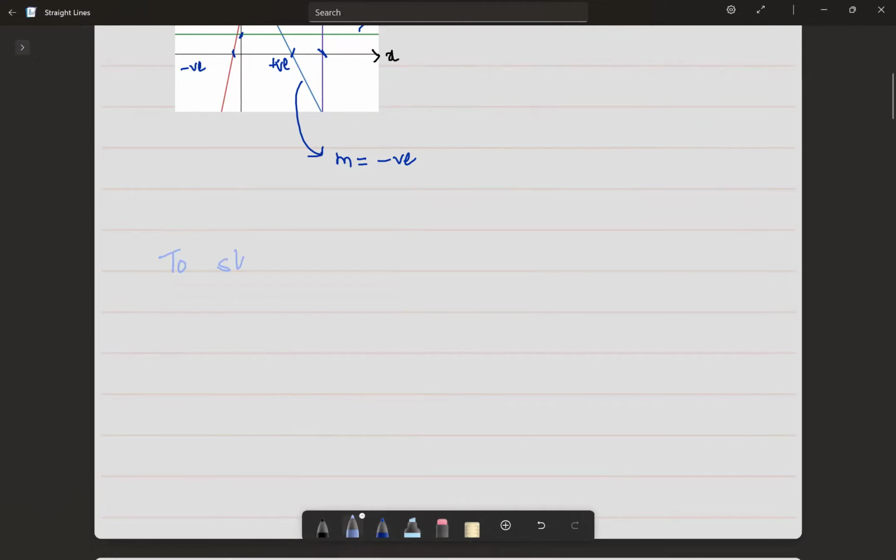To sketch any straight line, we will always consider the intercepts. For any point on the x-axis, we know that the value of y is 0.